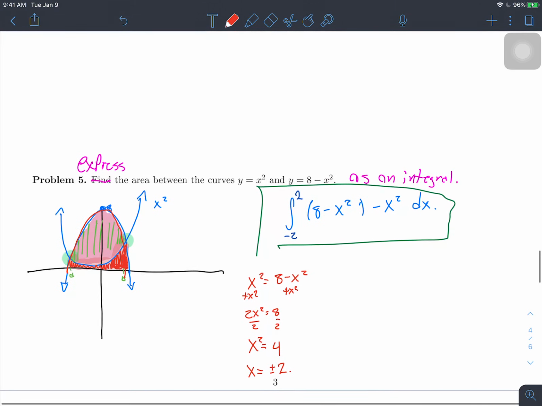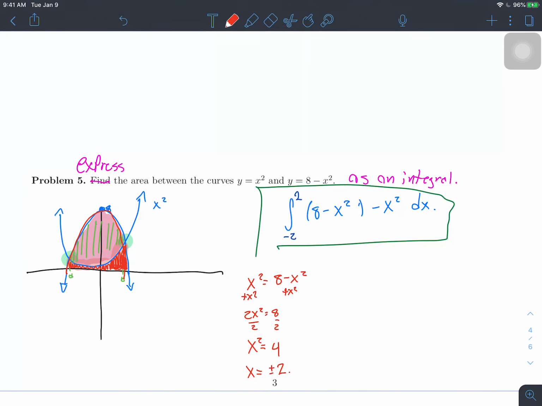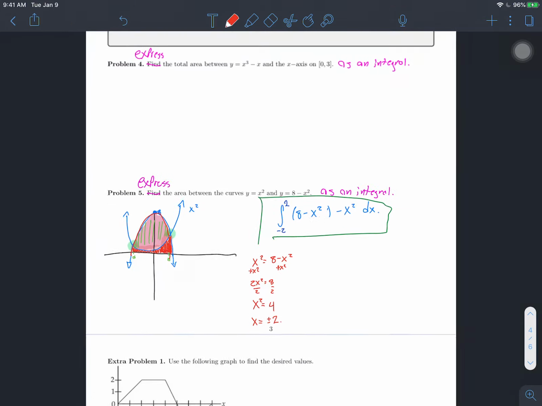So that's what we did, and we're going to get to actually evaluating these integrals on Friday using something called the fundamental theorem of calculus. We're going to use antiderivatives to do it, and it's going to make things much, much easier than doing this Riemann stuff.